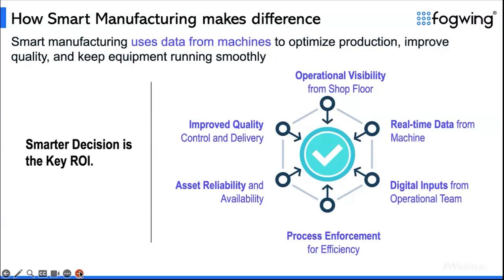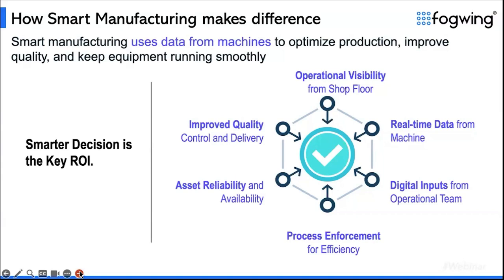Whatever they enter goes into a bunch of log sheets stored in the storage area. But when we enforce the digital platform or operational digital tools and ask them to follow those steps, that enforces the process we want to follow to improve the efficiency of the shop floor functions. So that increases the process efficiency with the help of digital tools.